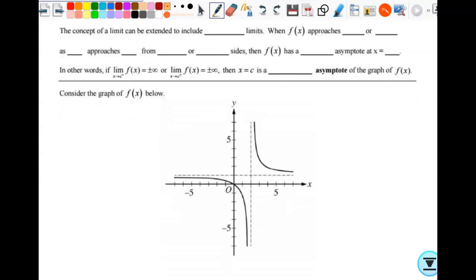Okay, so the concept of a limit can be extended to include infinite limits, when f of x approaches infinity or negative infinity as x approaches c, some value, from the left or the right.